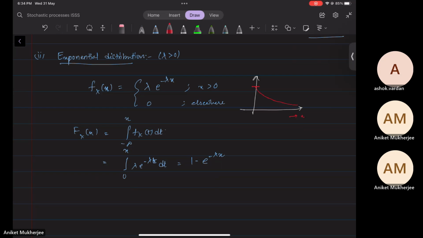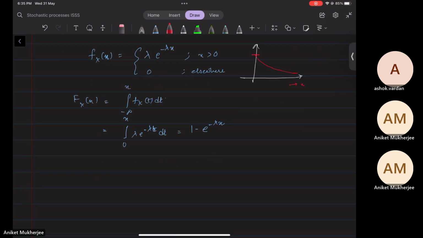If the inter-arrival times of the buses are modeled as an exponential distribution, then at any point you come, even after the last bus has left, the probability that you wait remains the same. So what I mean is the memoryless property of the exponential distribution.